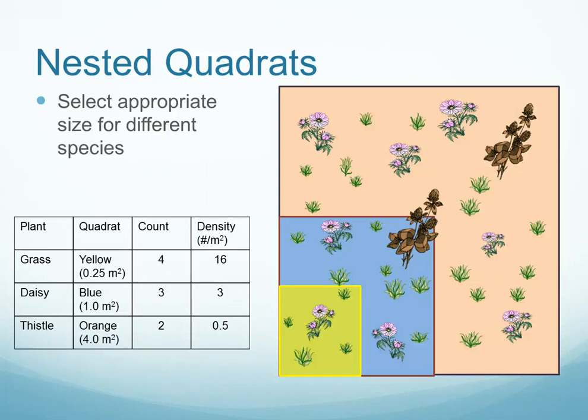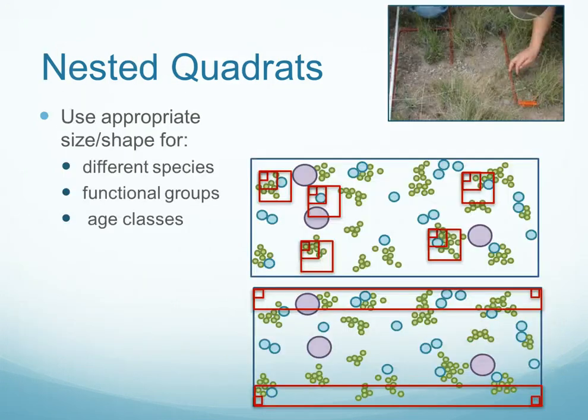There are far more of them, and we only need a smaller quadrat to estimate grass. We use the slightly larger quadrat to estimate the density of the daisies, and we use the largest quadrat to estimate the density of the brown thistle. So that's one application of using nested quadrats. It's very efficient to do this.